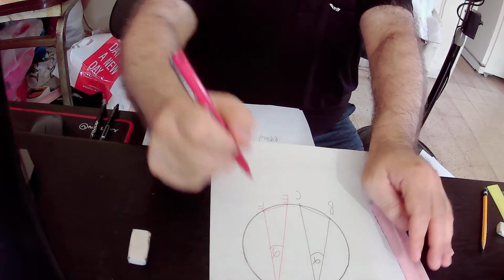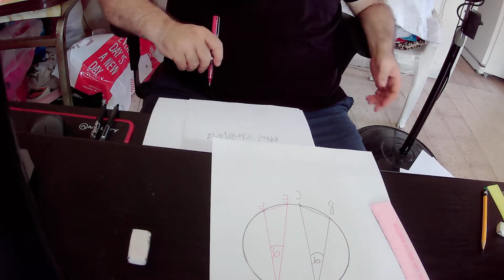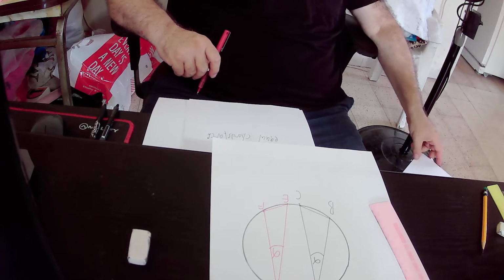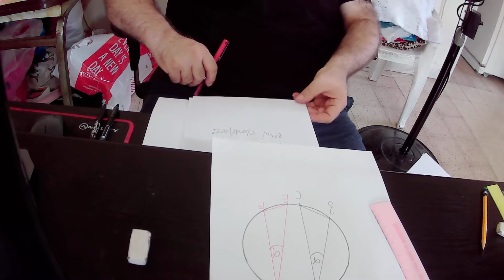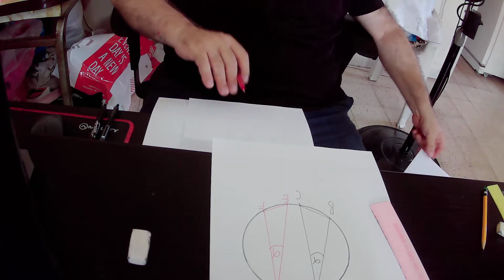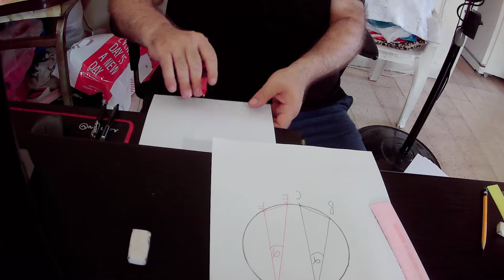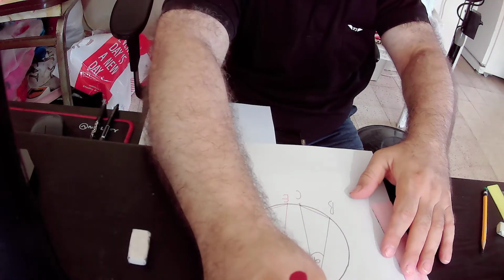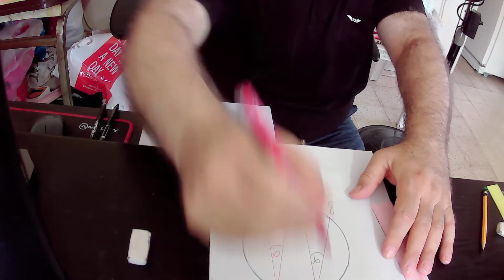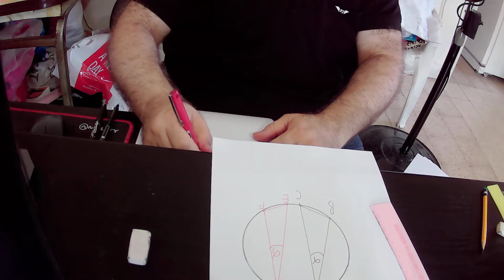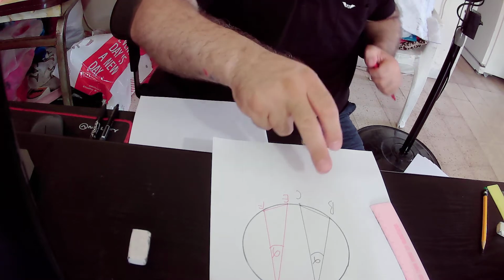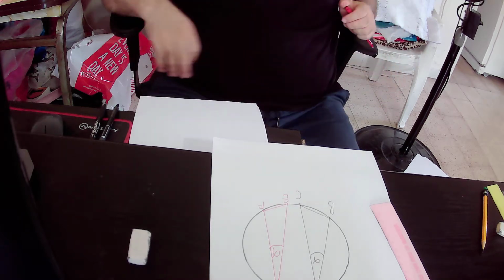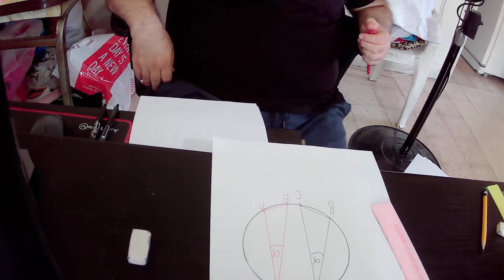Okay, we know that those two peripheral angles equal each other, both of them equal to alpha.